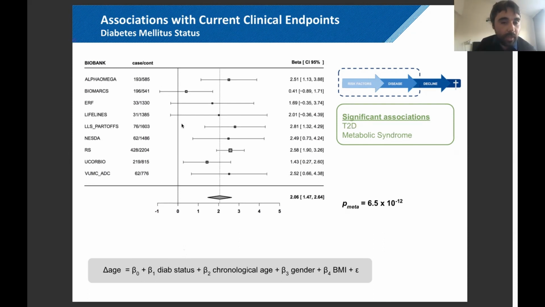In this given example, for the diabetes mellitus status, we see a consistent effect that people who are a case look a bit older in their blood than they actually are. And noteworthy, here we again associated delta age with the diabetes status outcome while adjusting for chronological age, but also for BMI, because this is a known confounder. If you would leave this out, then the effects would be way bigger.